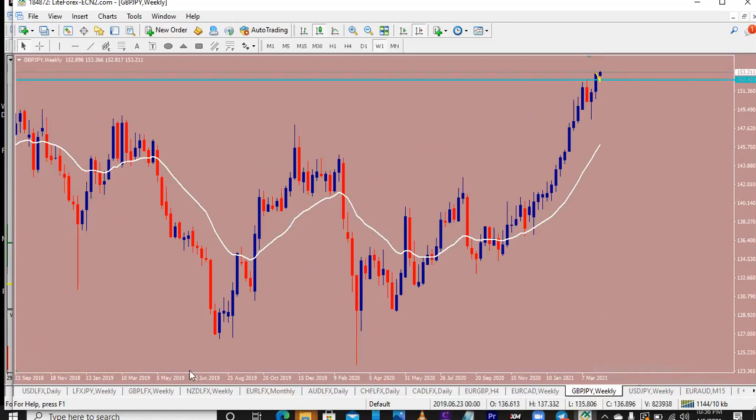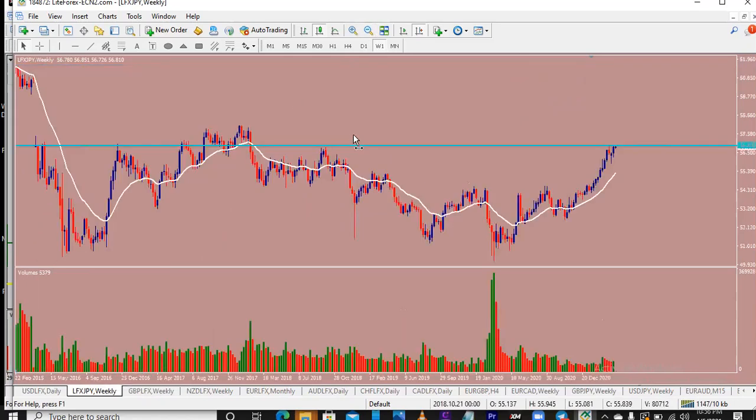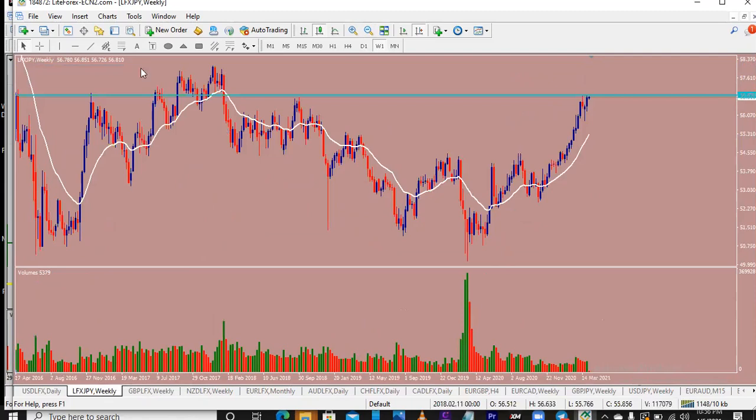Now I want us to check the JPY index in respect to what happened to it in every other pair. Let's see what happened to the JPY index from 2020 11/29 to present.